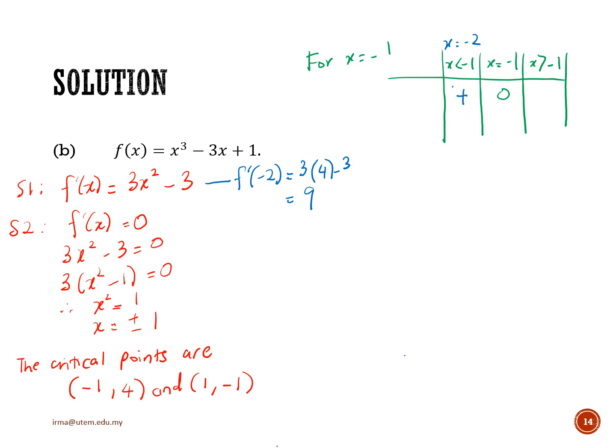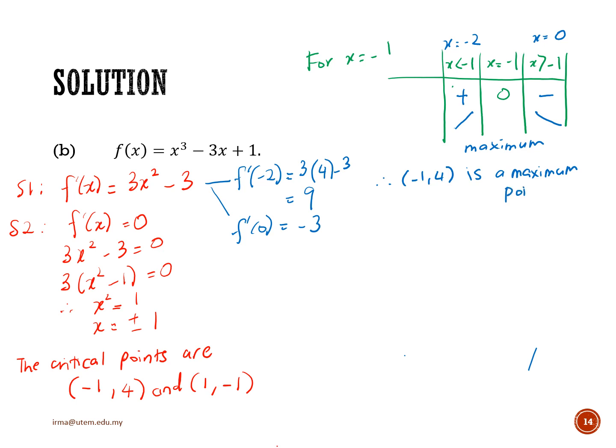If you choose x greater than negative 1, for example x equal to 0, f prime 0 gives you negative 3, so the sign is negative. From here you have the positive slope and the negative slope, so this will become the maximum point. So we have a conclusion which is negative 1, 4 is a maximum point.